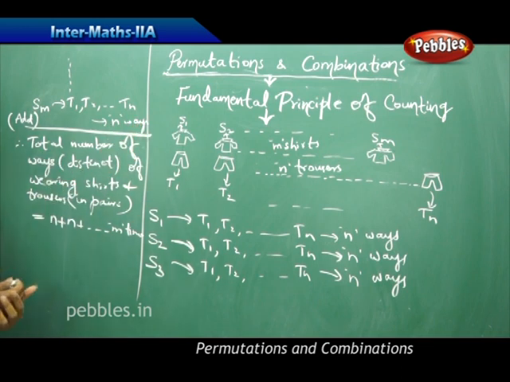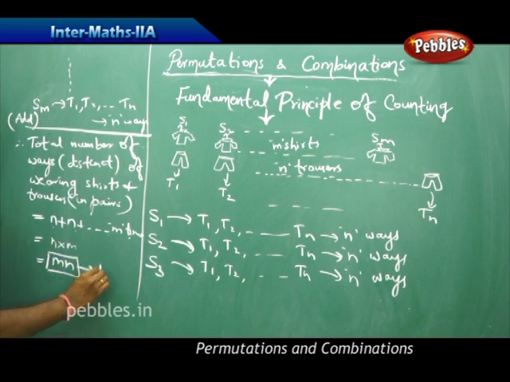So N plus N till M times gives me N into M, that is MN different ways, is how I understand.